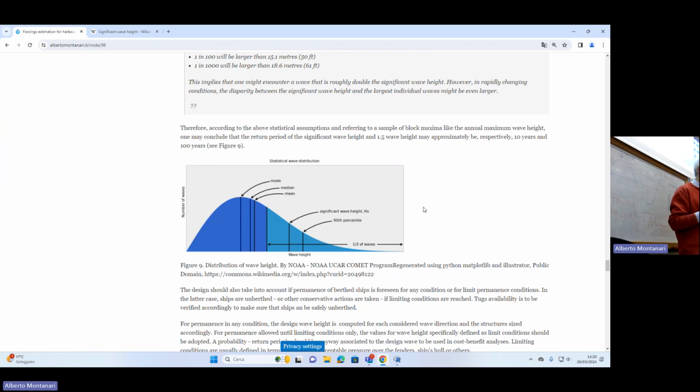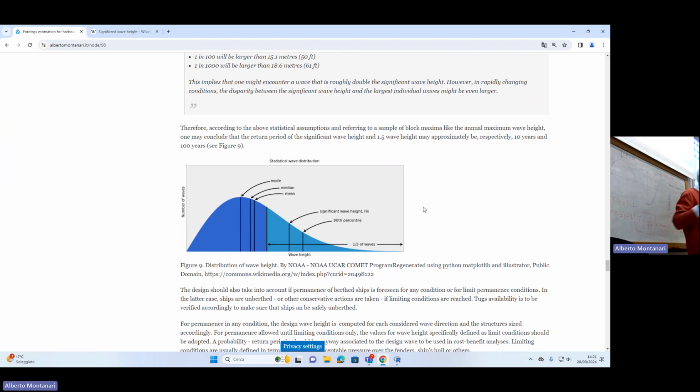And you can predict these critical conditions. Remember that a windstorm may be quite sudden, but usually we can predict it. And wave storms are not sudden, we can predict them. We have efficient forecasting methods. So on the basis of our forecast, we could unberth the ship.